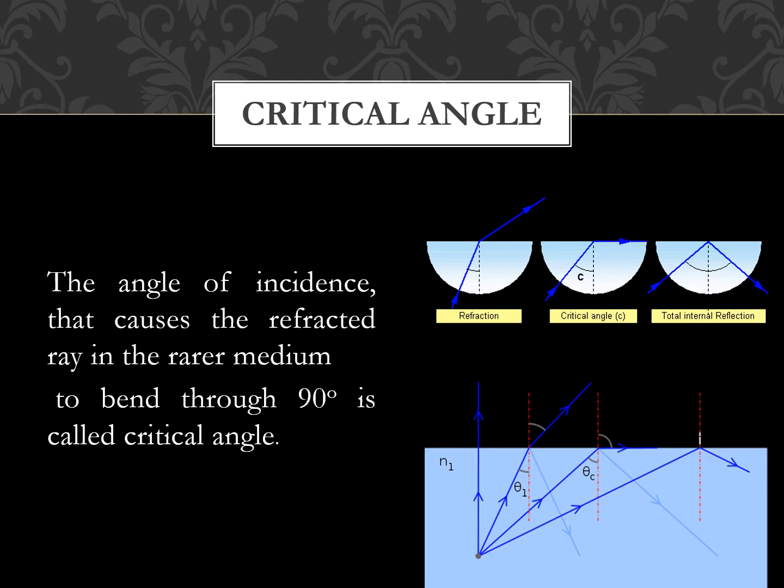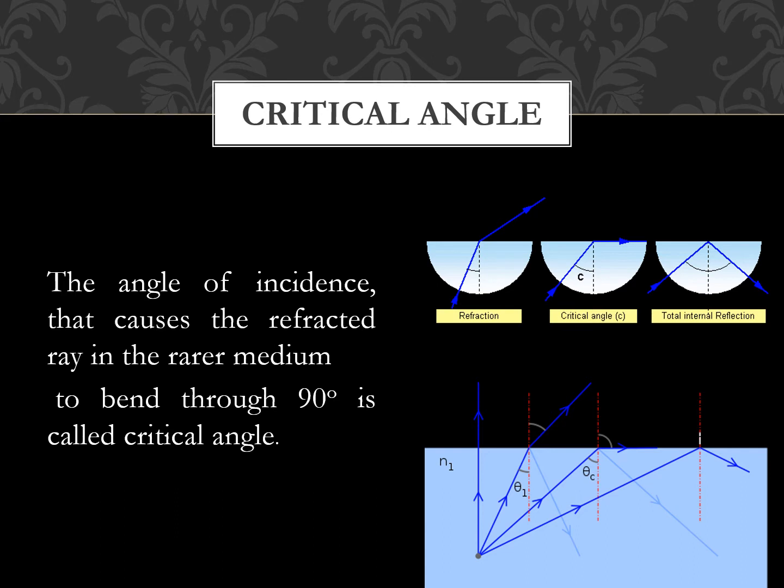Whereas the second ray, when it emerges from the light source and hits the boundary, it will bend at a certain angle. As you can see, the angle formed in the denser medium is smaller compared to the angle formed in the rare medium.